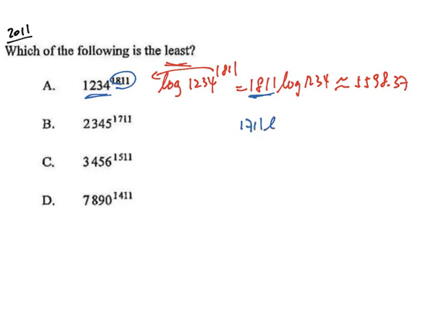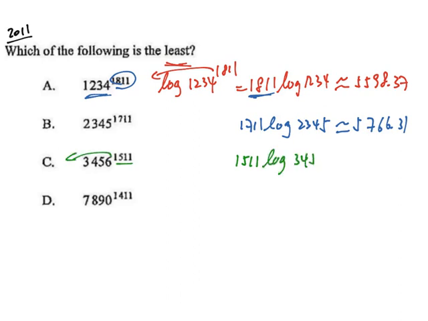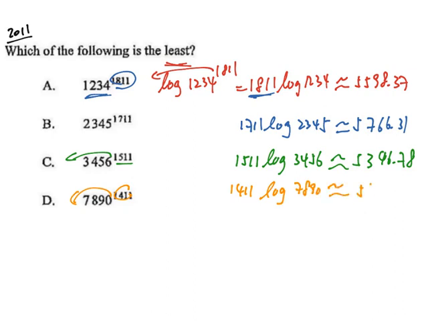So then 1711 log 2, 3, 4, 5. Then this one 1511, go to the front, and then we can get this one. Lastly, move to the front. So it is 5498.78. So the smallest, you can see it is C.